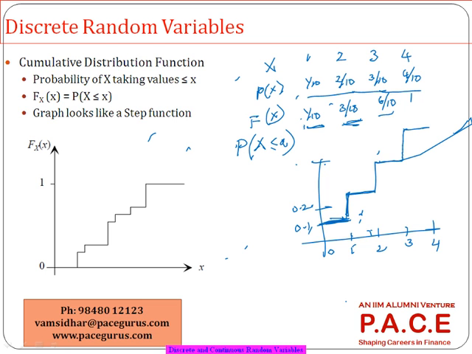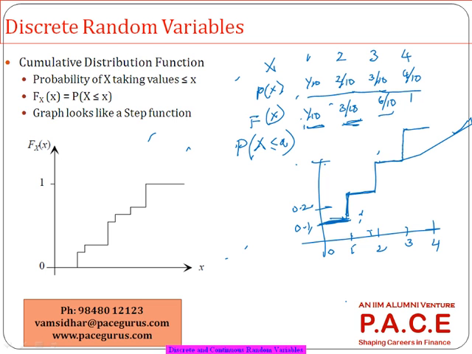At the max it can stay flat, but it can never come down because probability can never be a negative value. So it keeps going up, up and up, right? And finally it gets to 1. It gets horizontal at 1. It cannot go beyond 1 also, because the maximum probability possible is equal to 1.